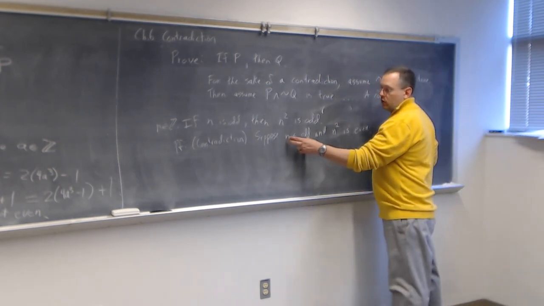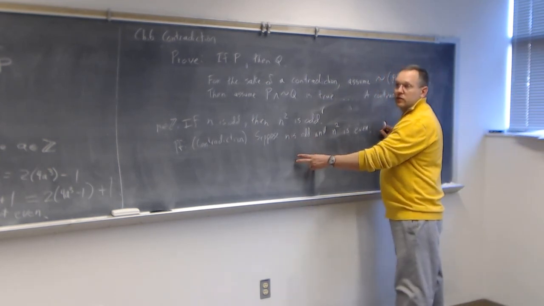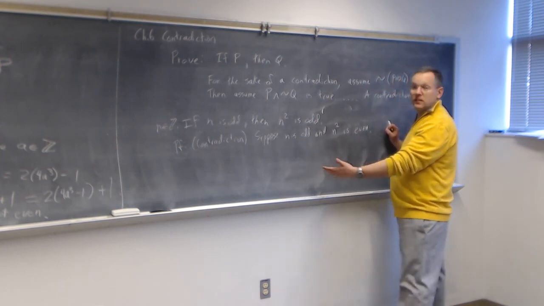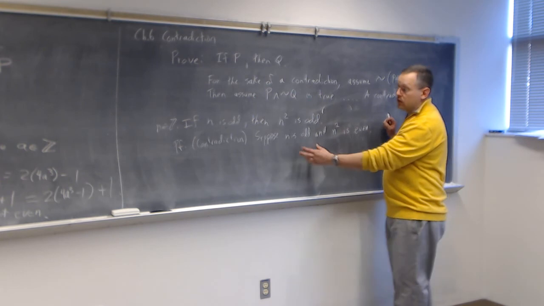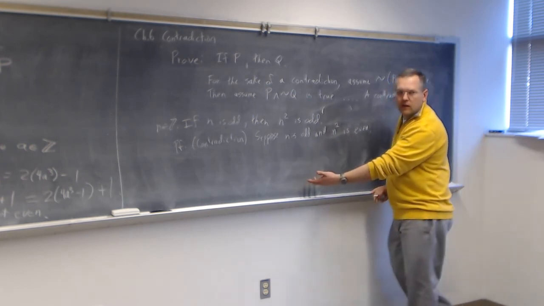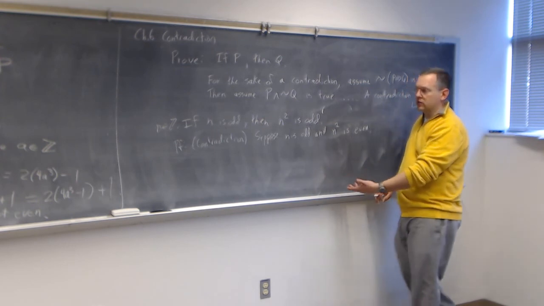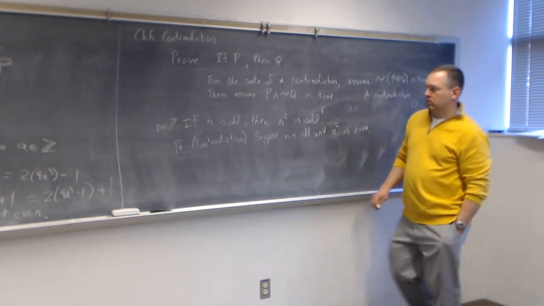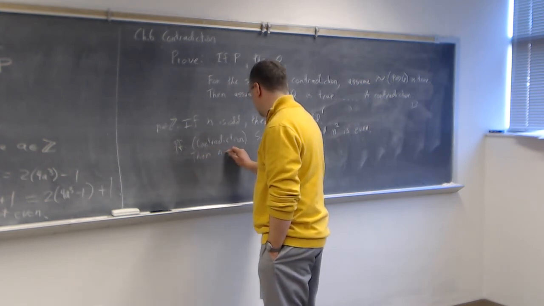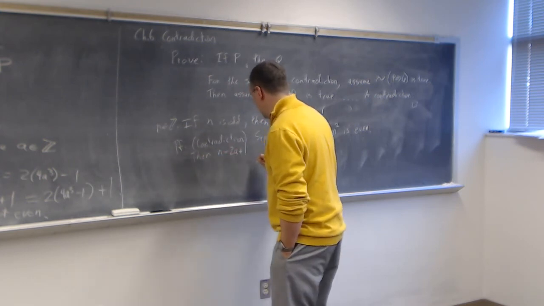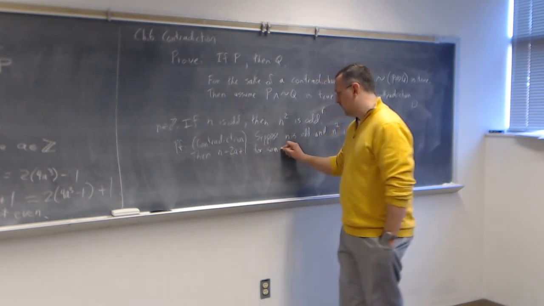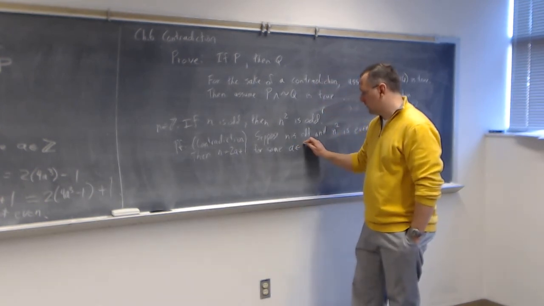Then you work with this. If n is odd, then n equals 2a plus 1 for some integer a.